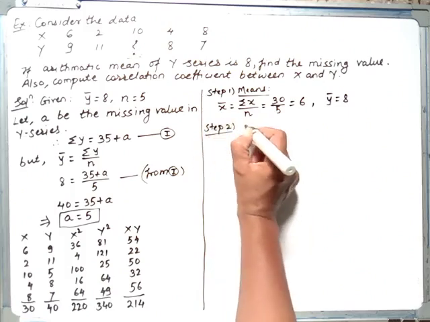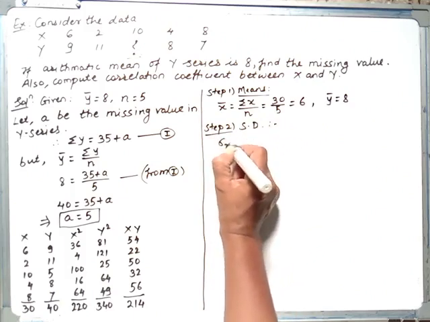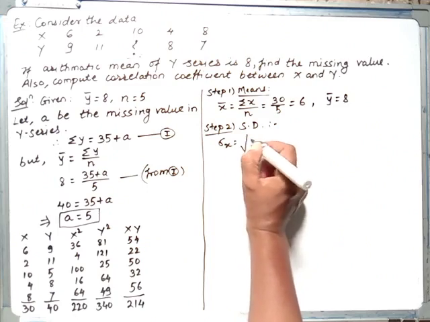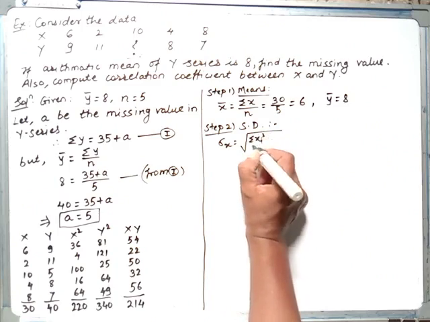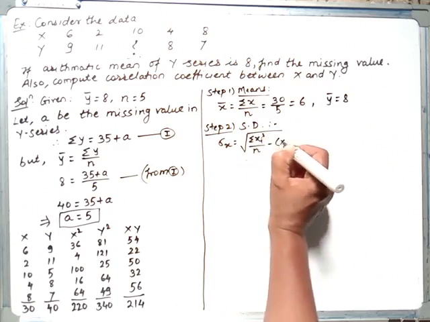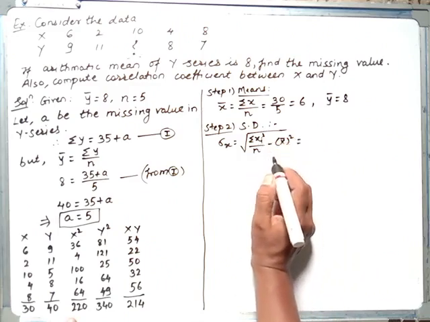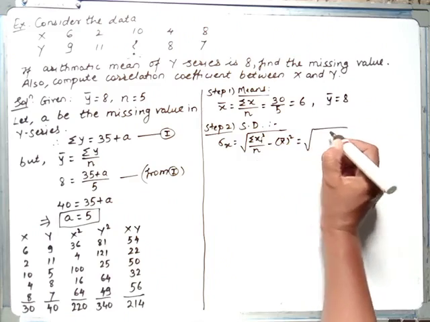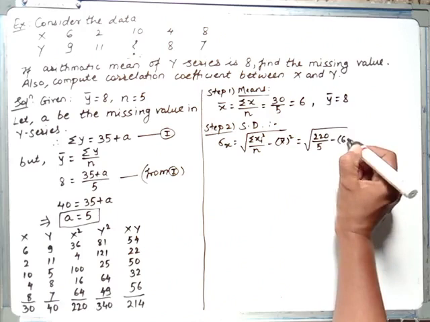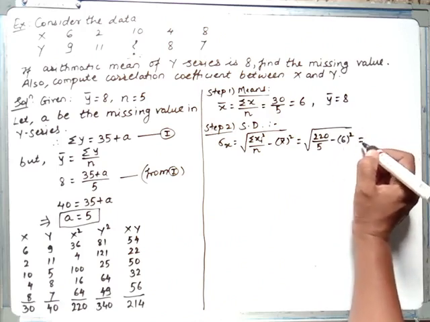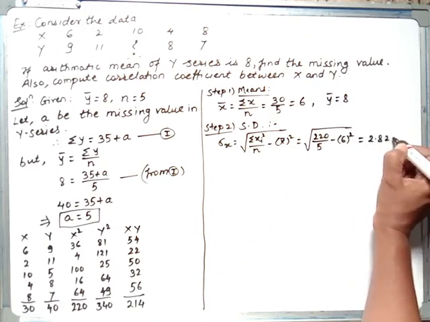Now step 2. We have to calculate the standard deviations. That is sigma x is the square root of summation x square upon n minus x bar square. So summation x square is 220. The square root of 220 upon 5 minus x bar, which is 6, its square. And this calculation gives us the value 2.82843.